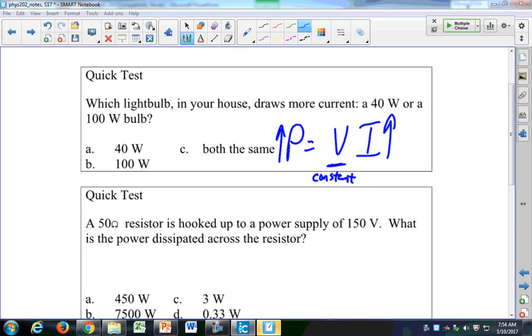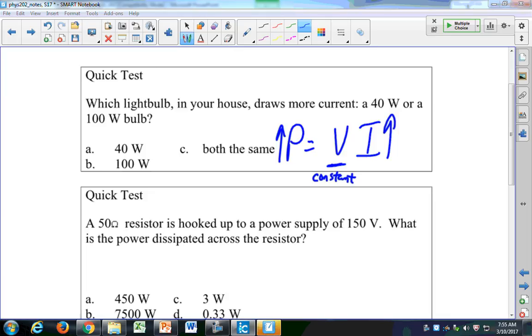Or you can think about it too that any electrical device, if it produces more energy, that energy at its very basic level comes from electrons. Those electrons move through a device and give it their electrical energy in some way. For a light bulb, they give it in the form of light and heat.